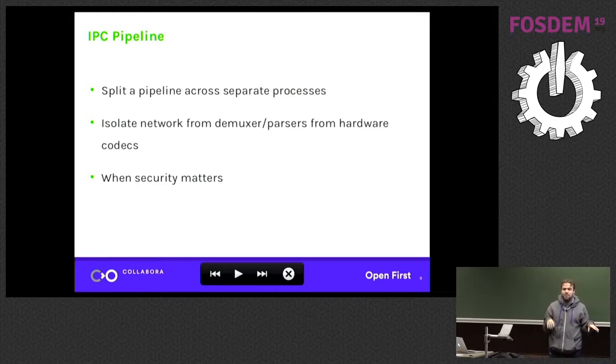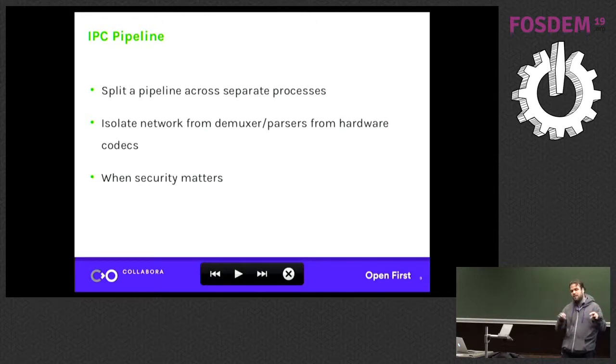These hardware decoders are often not as secure as you would like. They do a lot of bitstream parsing and things like that. So you want to make sure that this part that might be compromised by an invalid stream is not connected to the network, and vice versa.